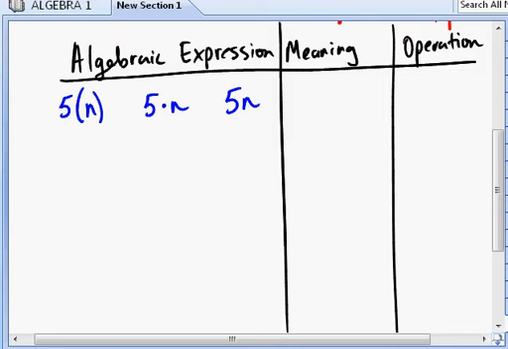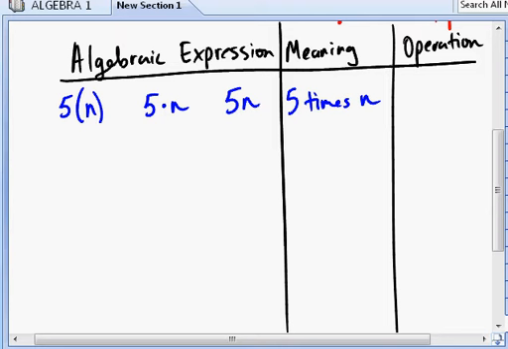So the point of this is for you to realize that all 3 of these mean 5 times n. So the meaning of this is 5 times n. And you can write 5 times n in different ways.